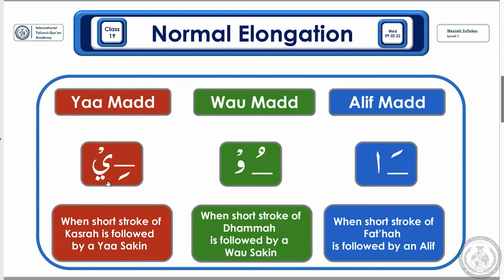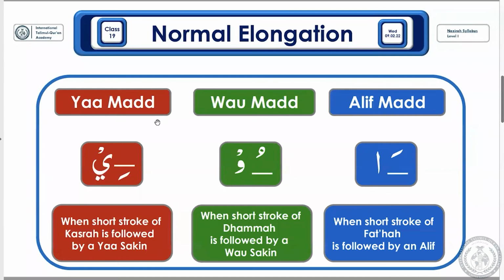And today we've looked at ya mad. So we've learnt that wherever you see a ya sakin that comes straight after a letter with a kasra on it, it is known as ya mad.